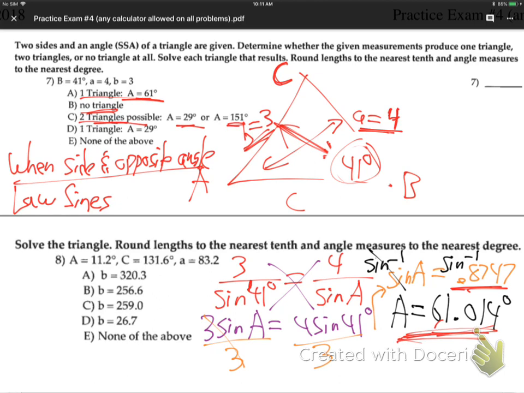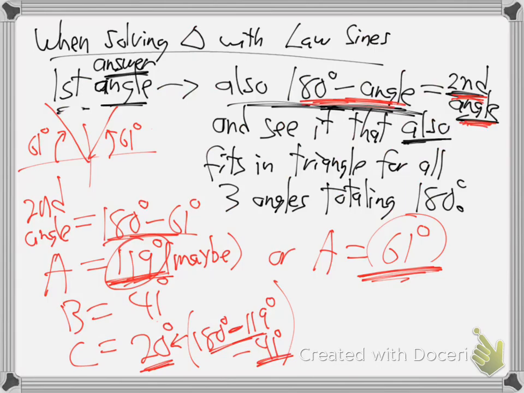No, it's two triangles, but not those A's. One triangle with 29? No. None of the above. That's a tricky none of the above, isn't it? All right, are we good there? Does that make sense? Does everybody understand all that we just did?